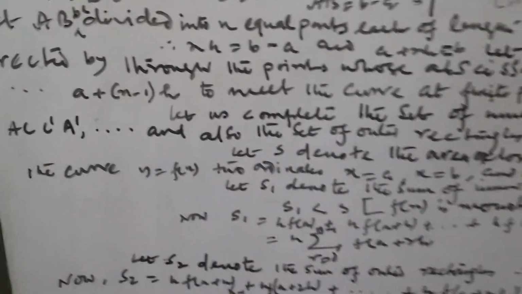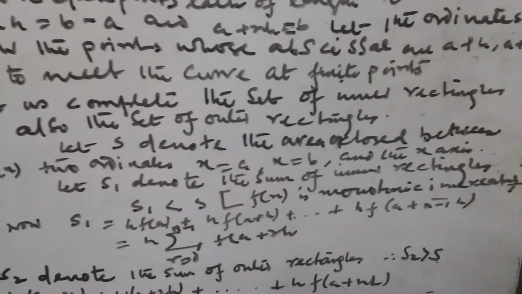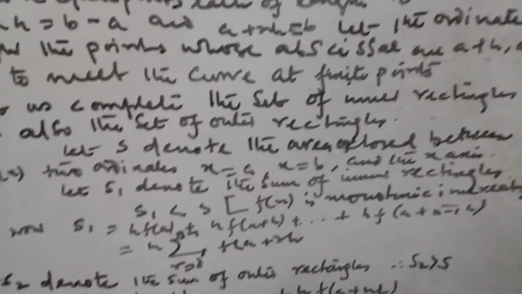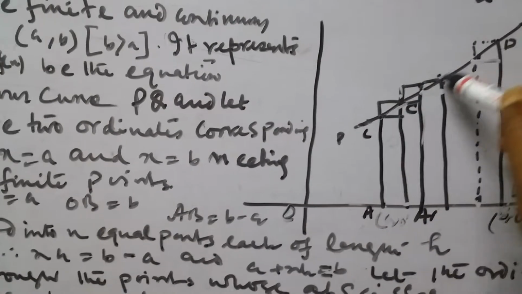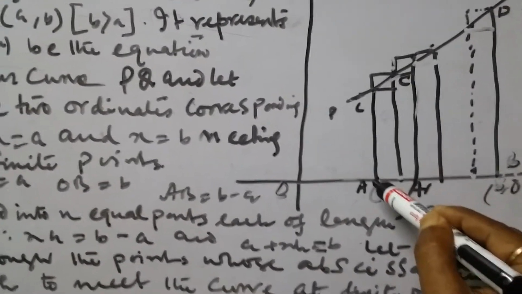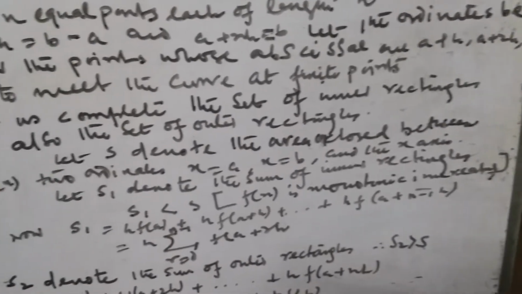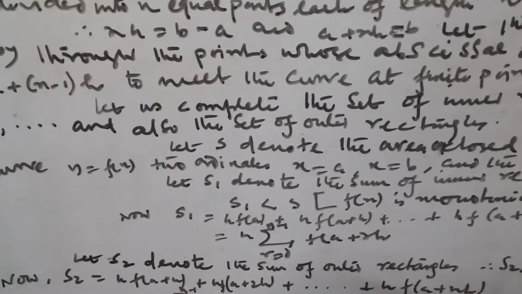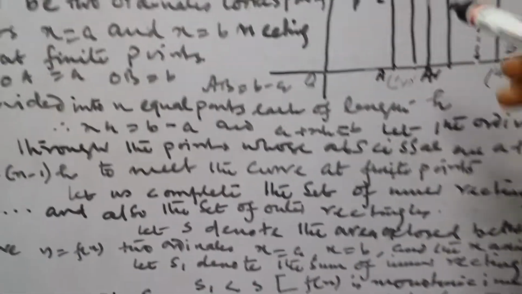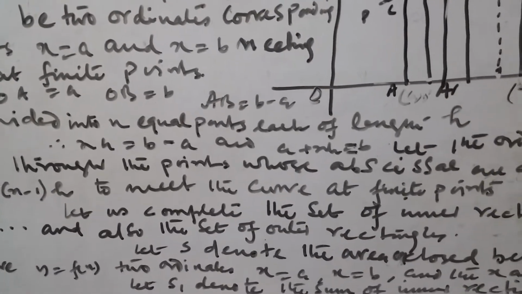Let S denote the area enclosed by the curve and the two ordinates x equal to a and x equal to b.